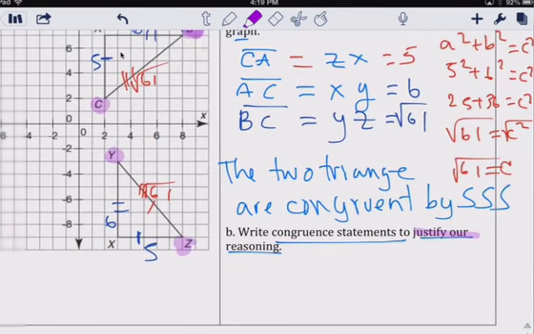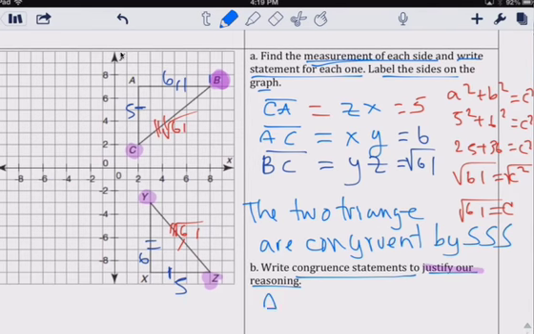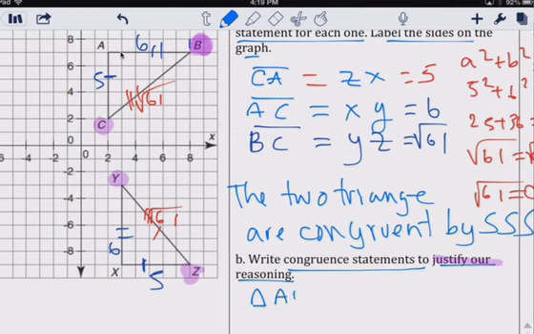So the congruent statement is triangle ABC is congruent to triangle, okay, I need help here. Which one is A on the other side?